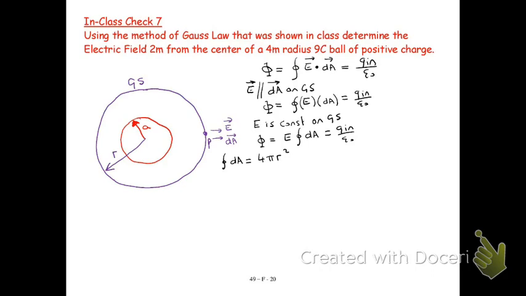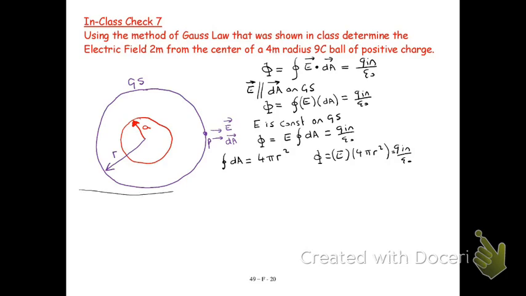It is r because it is the surface of my Gaussian surface. It is not the surface of the ball of charge, and people make that mistake. So my flux is equal to E times 4 pi r squared, which equals Q inside over epsilon naught.